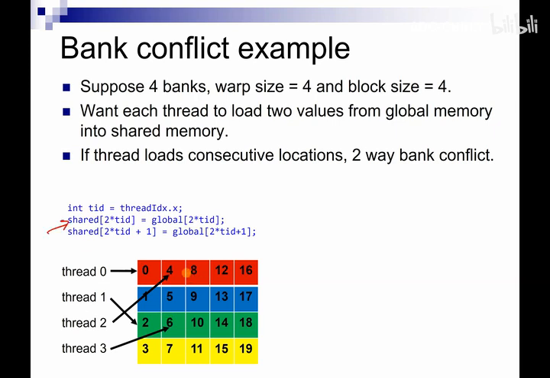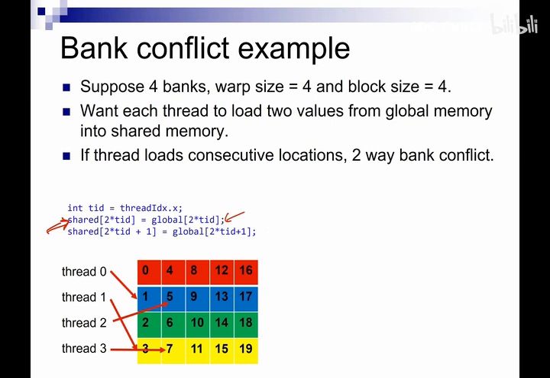If you look at the accesses they're making, in the first instruction you have a bank conflict between threads 0 and 2 because they're both accessing the red bank and different elements in the red bank. Also you have a bank conflict between 1 and 3 because they're both accessing the green bank. So each of these is going to take 2 passes to finish. Sorry, that's just the first instruction.